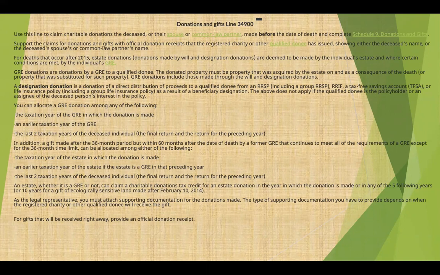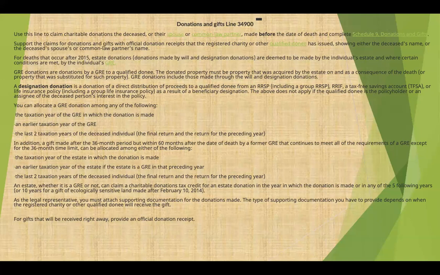And then for deaths that occur after 2015, there are estate donations made by the individual where certain conditions are met. So a GRE donation is a donation by a GRE to a qualified donee. The donated property must be property that was acquired by the estate as a consequence of the death, and substituted for such property.